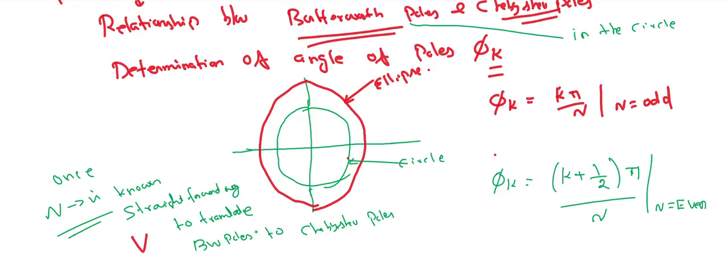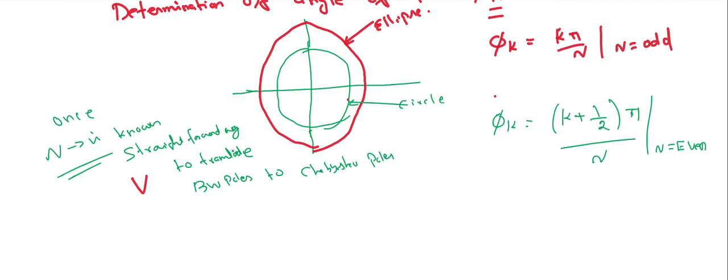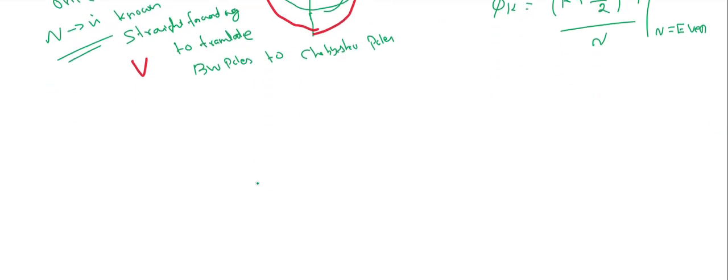Since there is a geometrical relationship between the circle and the ellipse, the poles lying on the circle can be translated to the ellipse, which gives the Chebyshev poles. So you can write the design parameters.